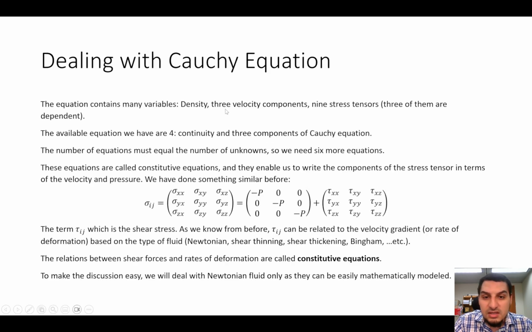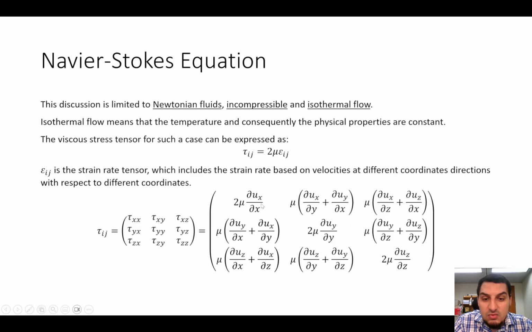And if you see here, we had three velocity components. Now all the variables here are the velocity components. So we are replacing the sigma ij, which is something that we didn't know, with velocities. So we are reducing the number of variables by 6.